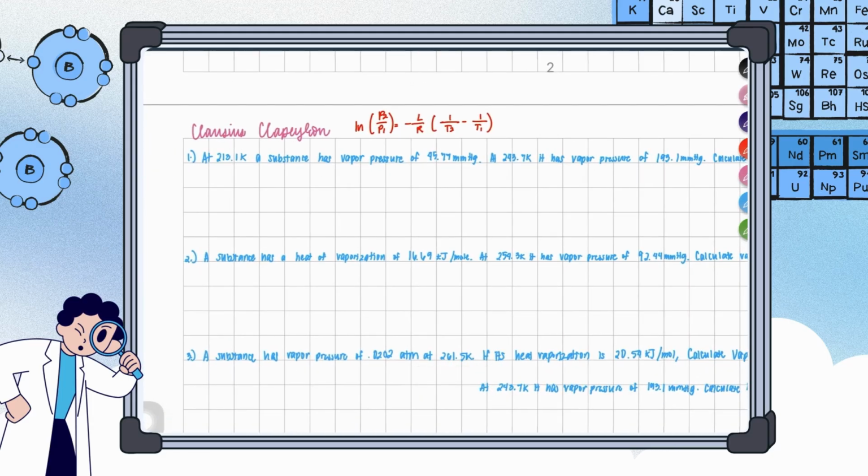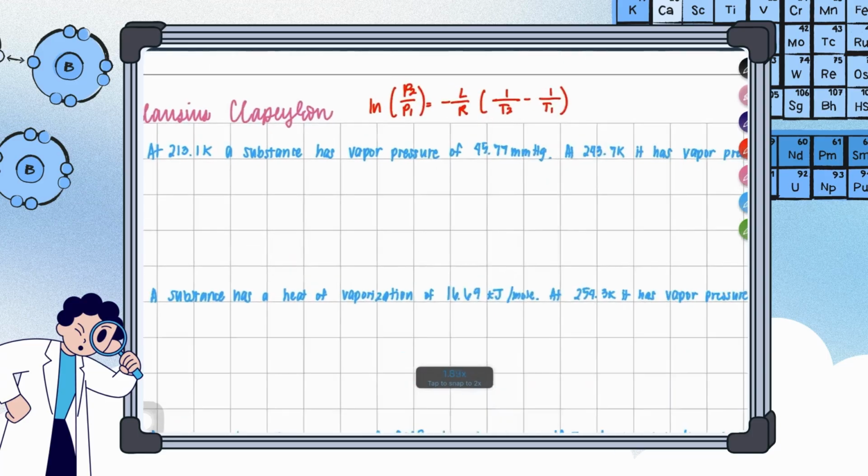So the first step is to, of course, input the given values into our formula.